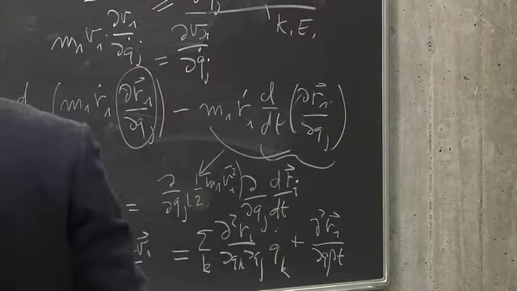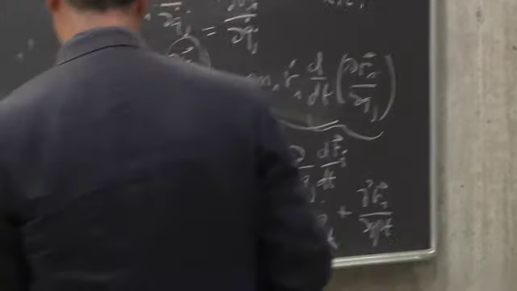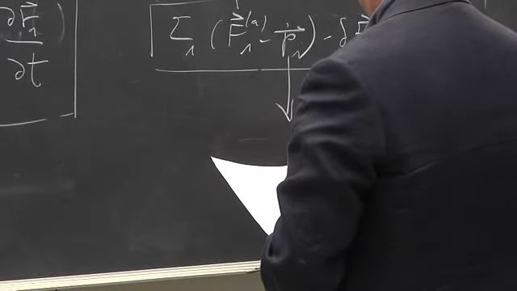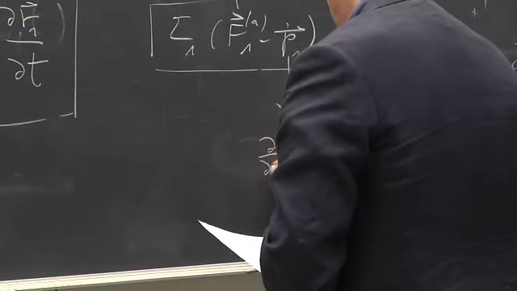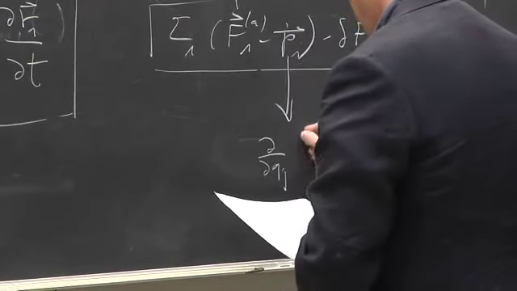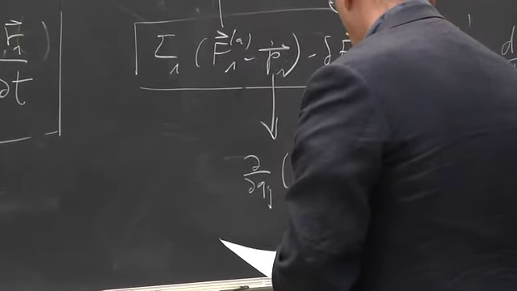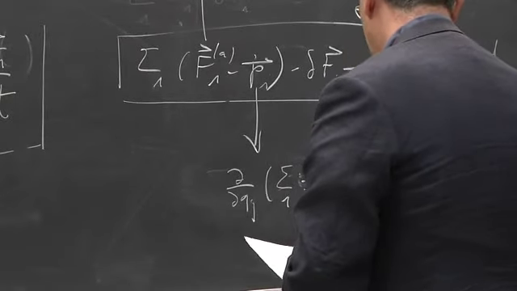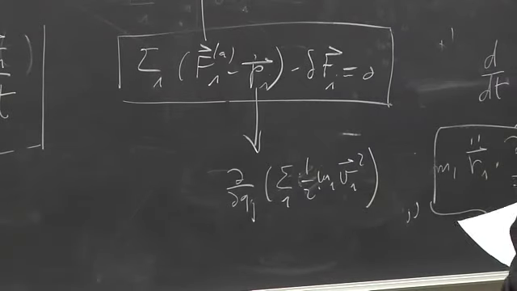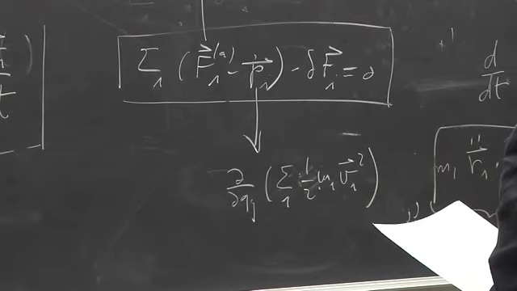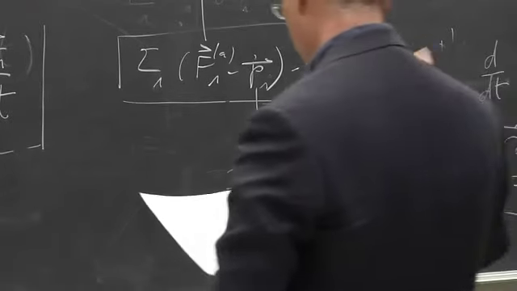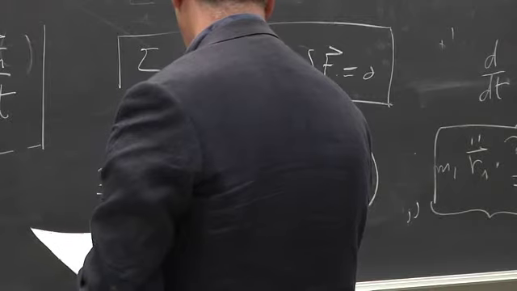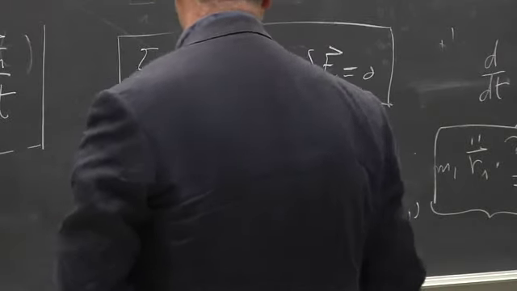So let me stop here, but let me write what I did. I rewrote these two terms. So this one is just d dqj of the sum of 1/2 mi vi squared, and the one upstairs I also have, d dq dot j of the sum of 1/2 mi vi squared, minus this, okay?